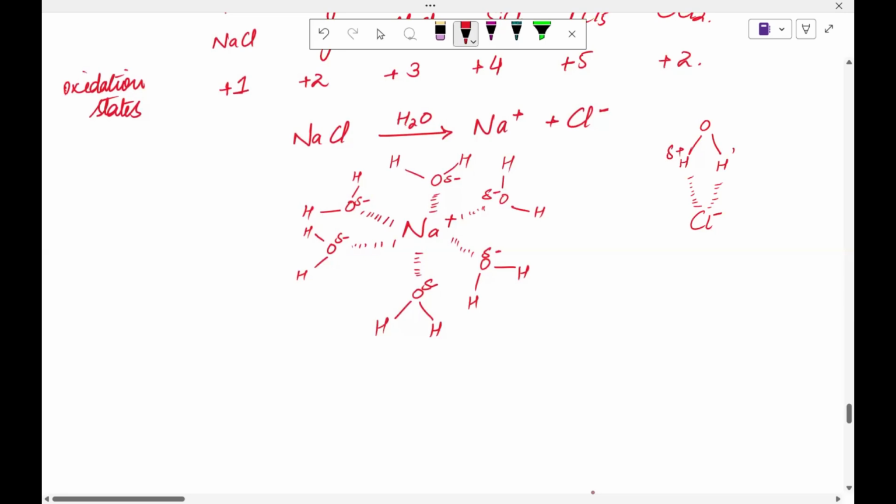Hydrogen has a partial positive charge, and so on around the ion, 1, 2, 3, 4.